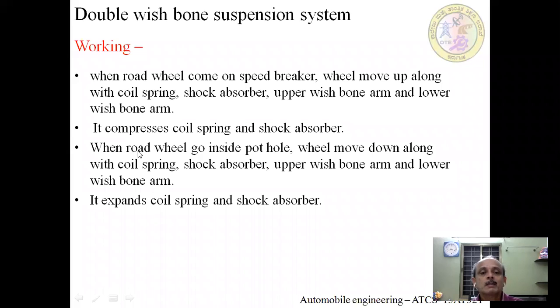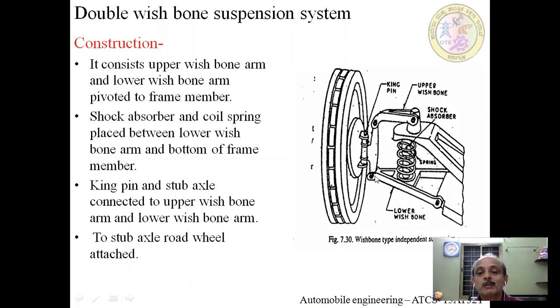When the road wheel goes inside a pothole, the wheel moves down along with the coil spring, shock absorber, upper wishbone arm and lower wishbone arm. In the diagram we already told you, whenever the wheel goes up, the lower wishbone, upper wishbone, coil spring and shock absorber all move up.